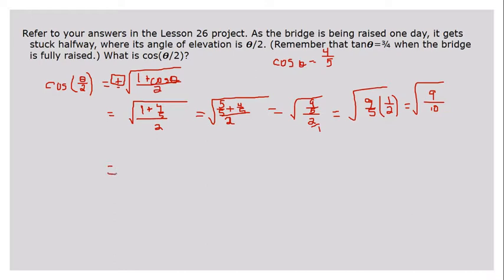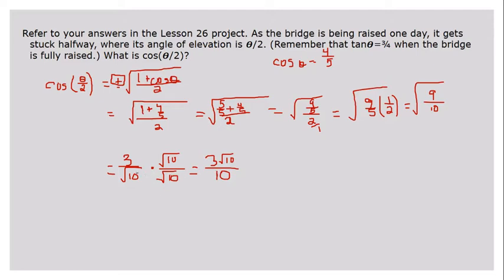Take the square root of the top and the square root of the bottom. The square root of 9 gives me a 3, and then I have the square root of 10 on the bottom. Now I can't have a square root in the denominator, so I need to rationalize. I multiply by the square root of 10 on the top and the square root of 10 on the bottom. On the top, 3 times the square root of 10 is just 3 root 10. The square root of 10 times the square root of 10 on the bottom is 10.